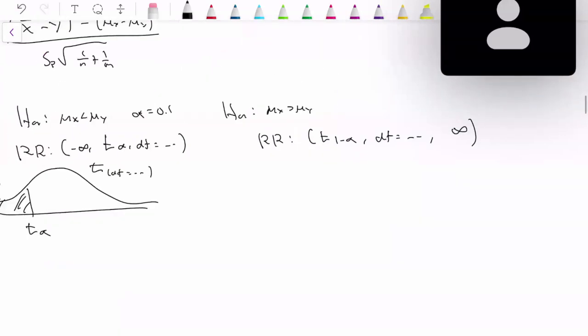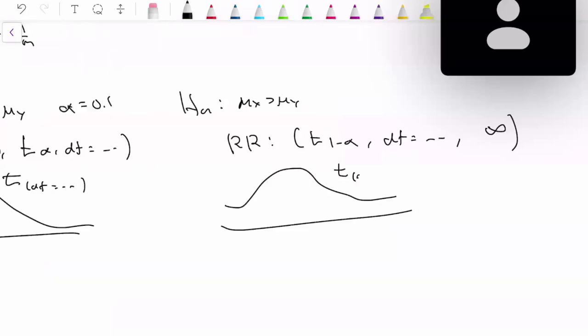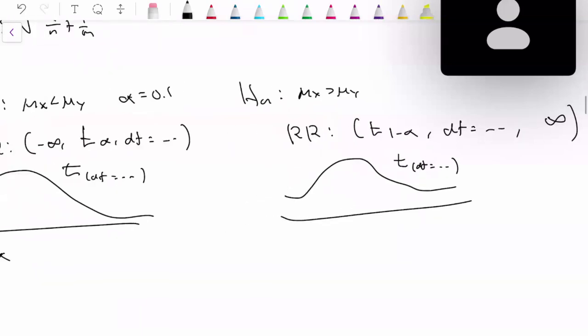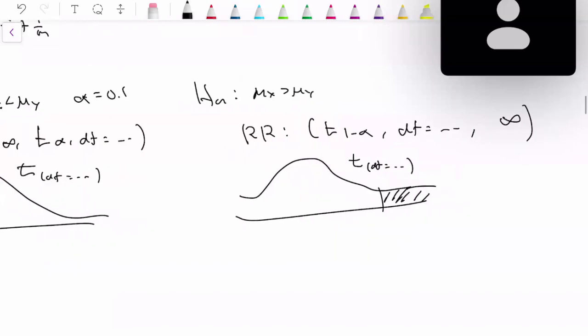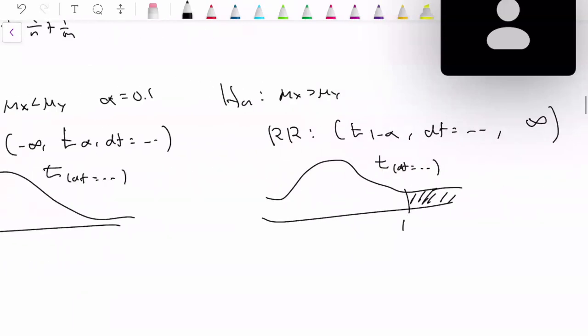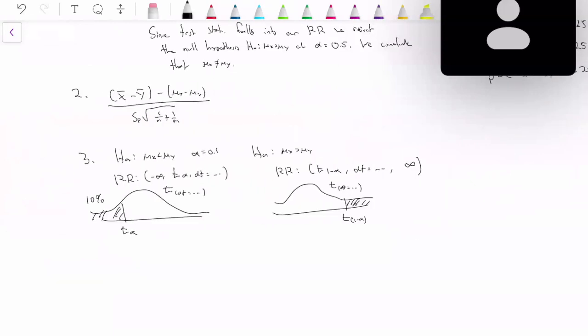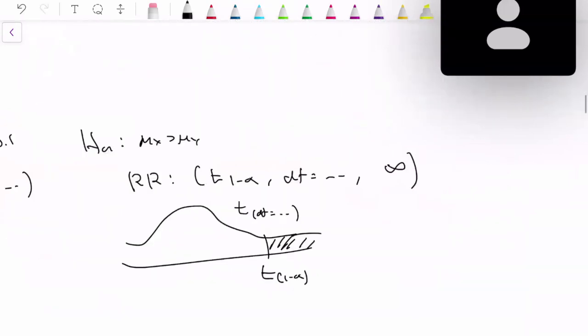In the other case, let's say this is t as well. Then the 1 minus alpha will cover basically this area. Hopefully that makes sense. That's the one-sided. Oh, and sorry, this is the area equal to 0.1.